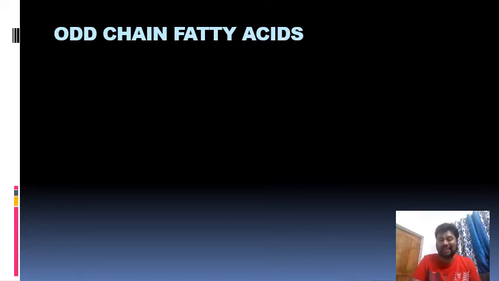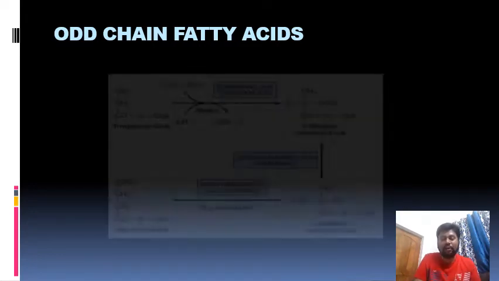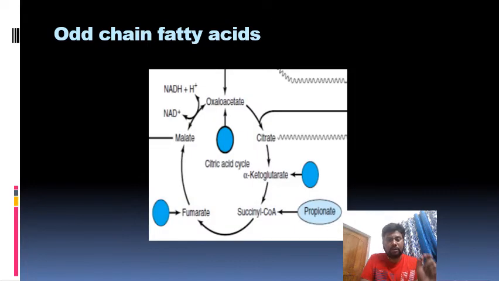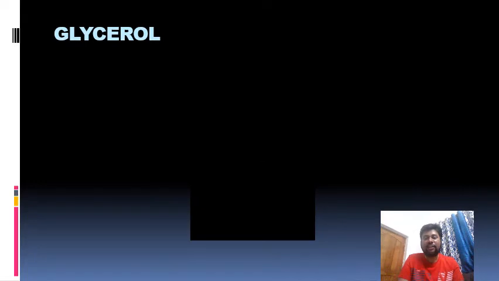But the odd chain fatty acids, which have an odd number of carbon atoms, during their oxidation will finally form a 3-carbon propionyl CoA. That propionyl CoA can be converted to succinyl CoA, which is again a TCA cycle intermediate. Once it forms a TCA cycle intermediate, through the TCA cycle it will form oxaloacetate, and that oxaloacetate in turn will be converted to phosphoenolpyruvate.